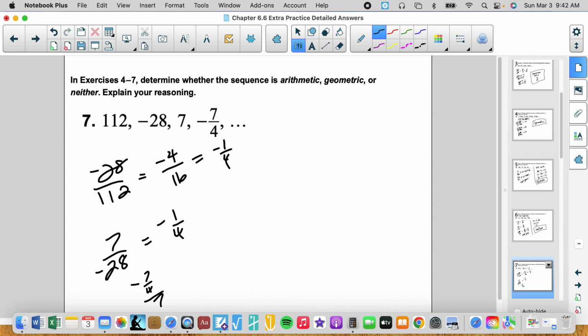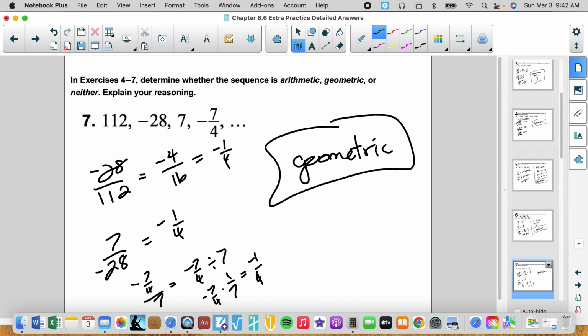The next is negative 1/4 as well. And negative 7/4 times 1/7 equals negative 1/4. So is it arithmetic? Nope, it's geometric, because it's multiplying by negative 1/4.